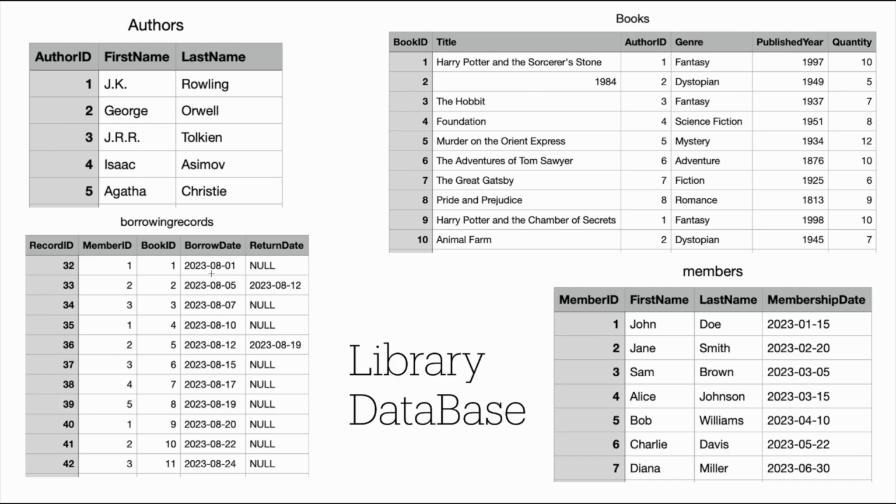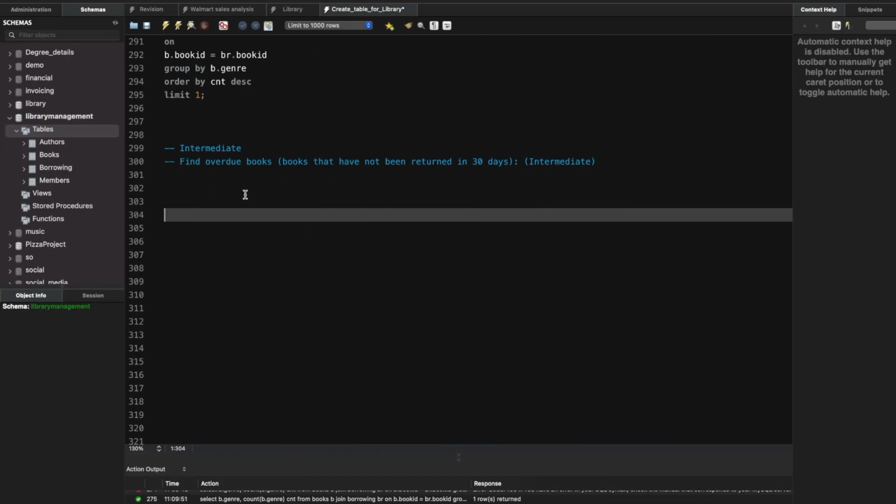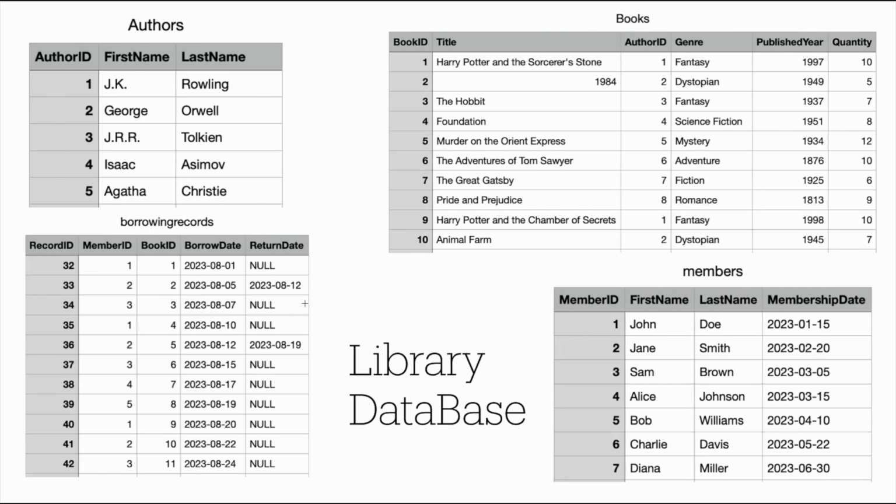So since this is a table from 2023, so we will fetch all the data which has not been returned, and also we have to find the book name, right? So select book name and borrow. So okay, fine.